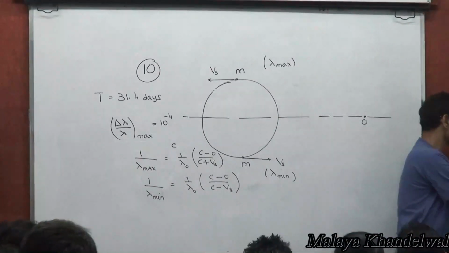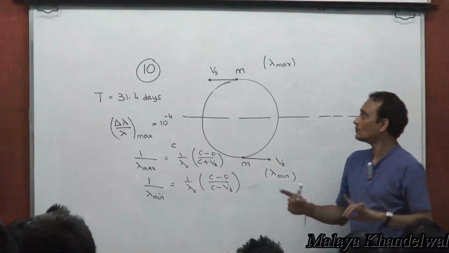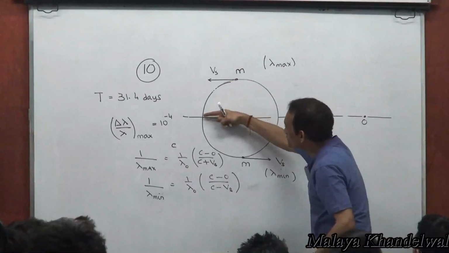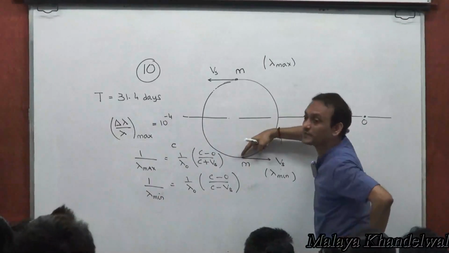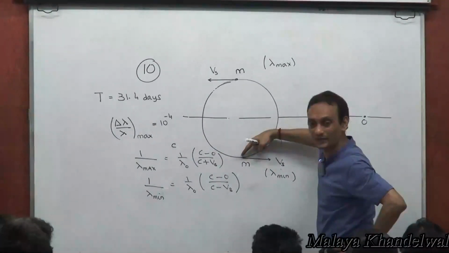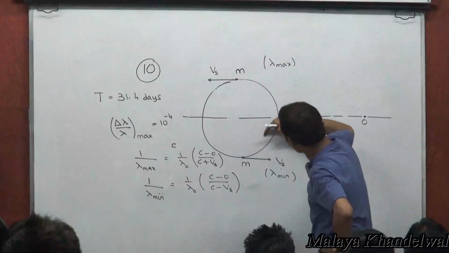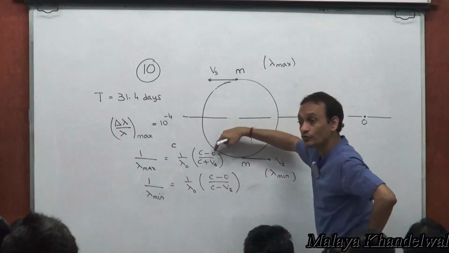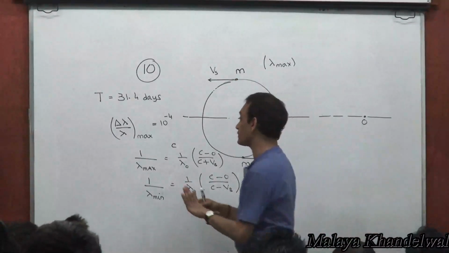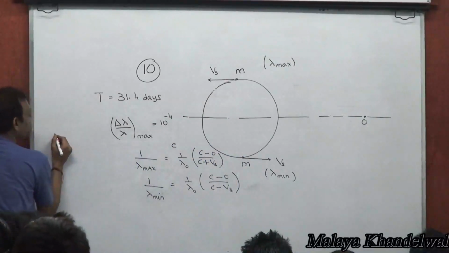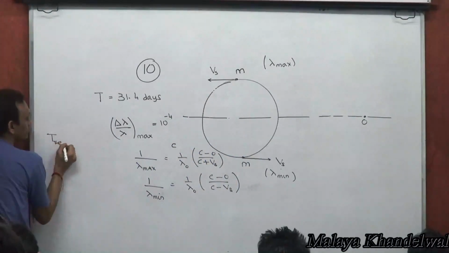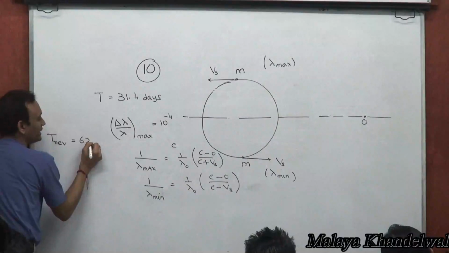That means the time taken for this must be 31.4 days. That means the time taken for a full revolution would be 62.8 days, right? So the time period of revolution is 62.8 days.